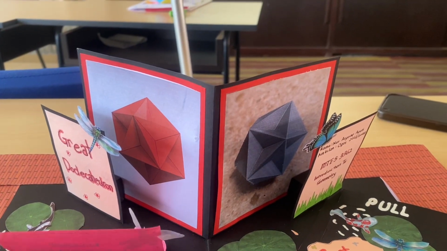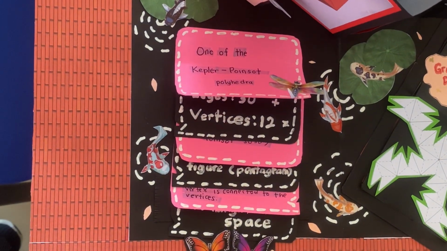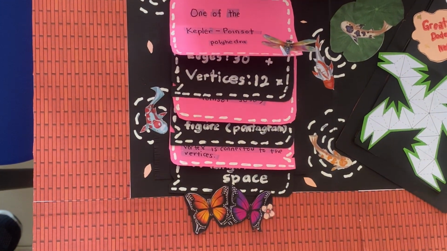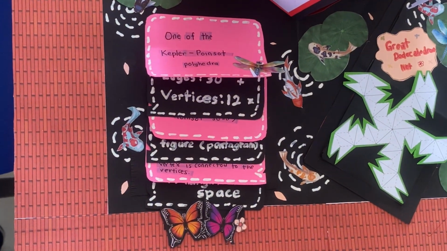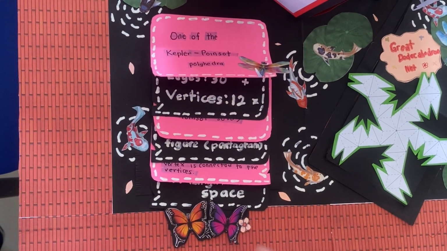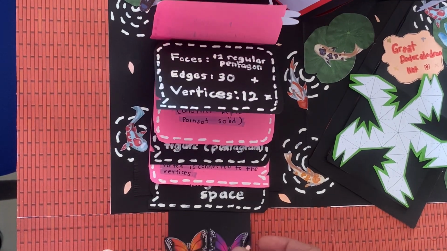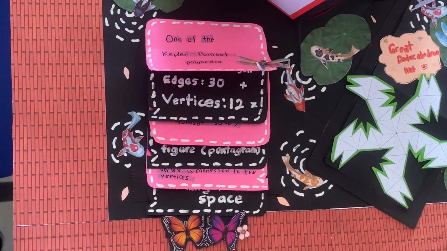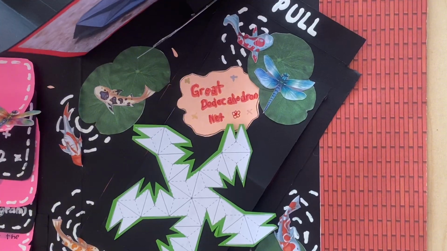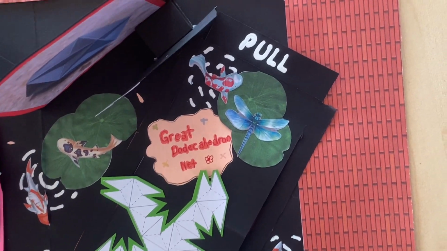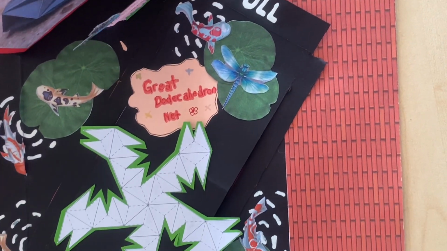We also included some fun trivia to keep readers engaged. The idea here is to break down the information into bite-sized, digestible parts, kind of like a mini pop-up encyclopedia.